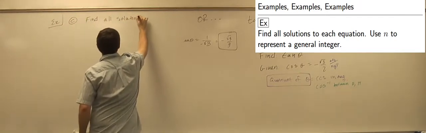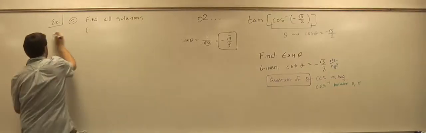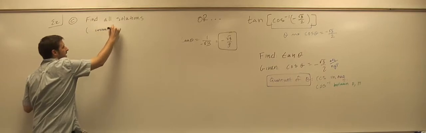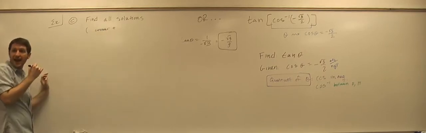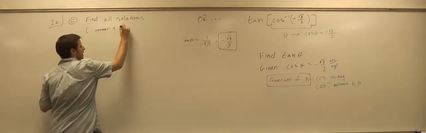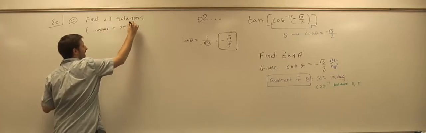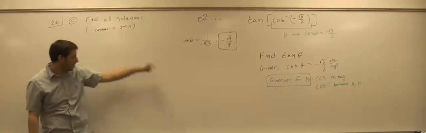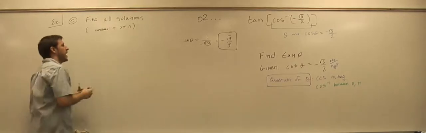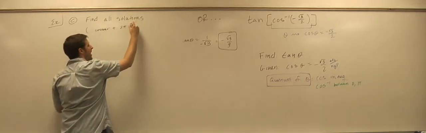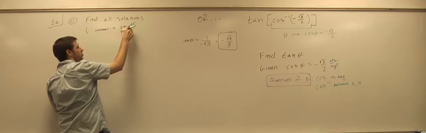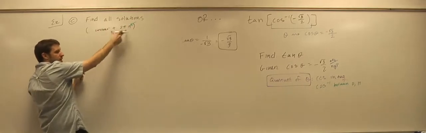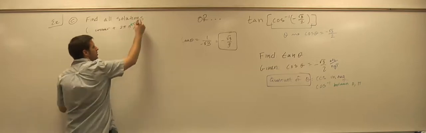When it says find all solutions, you get some answer, but then you're going to add 2 pi n usually, or 2 pi k or whatever extra, I'll use n, maybe we'll use k. But this extra n tells you that you can add any number of revolutions to your original answer, and you still get another answer to the equation.